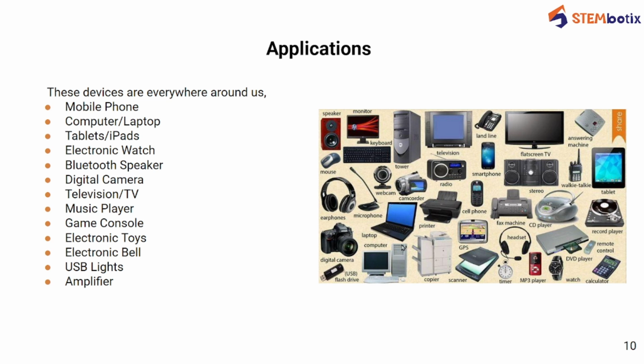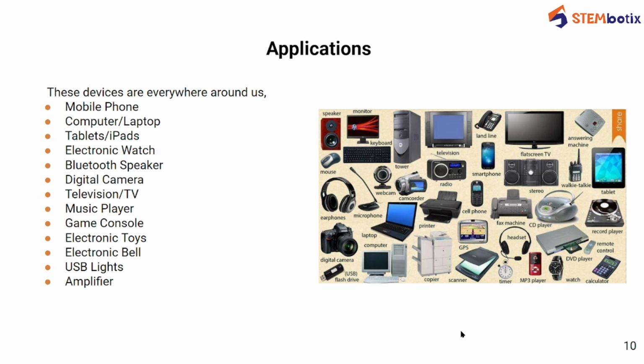So as you can see in this picture, these are the basic electronics components, the components which fall under the category of basic electronics, and we know many of them, and many of them we work on day to day basis.